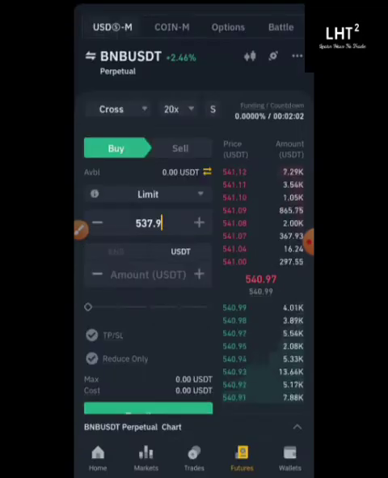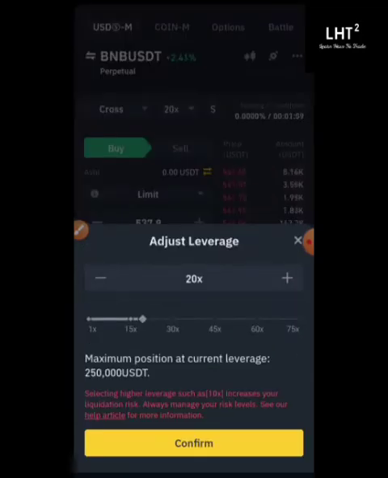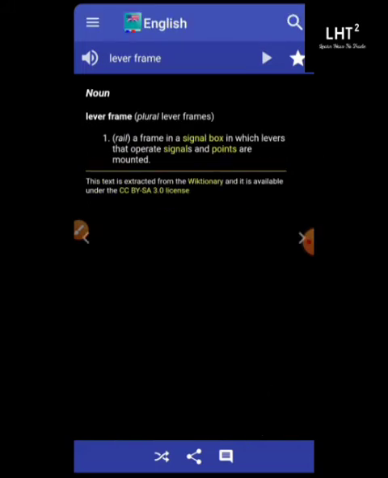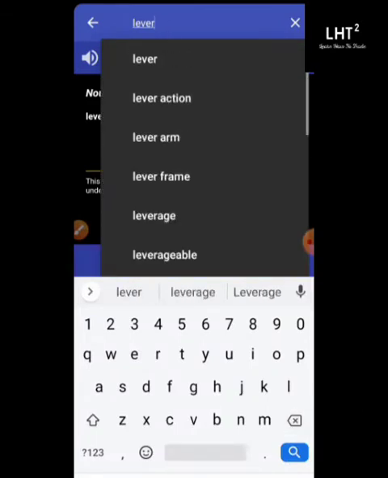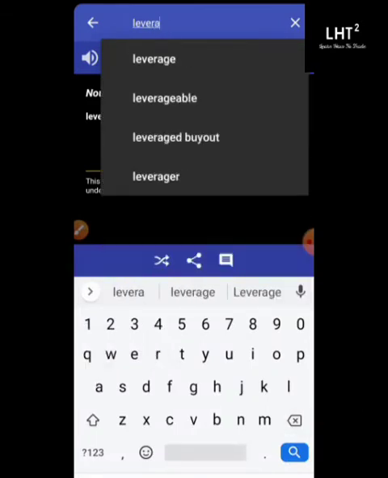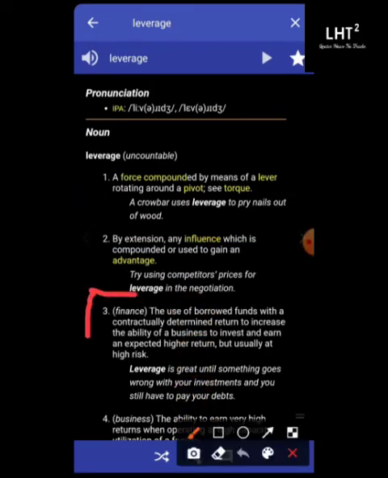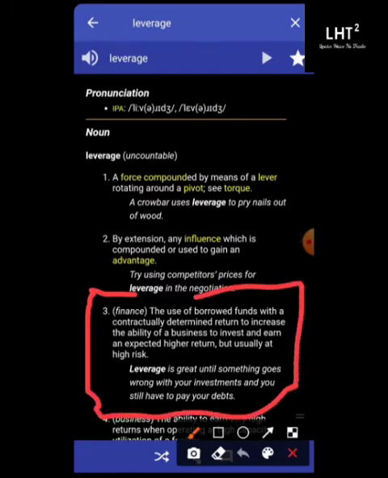So now let me explain what leverage means. Okay, let's start with the dictionary definition of leverage. So here's the dictionary meaning. Pay attention to this particular definition.